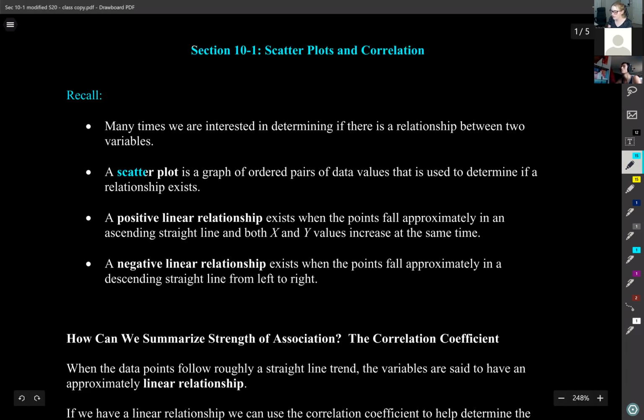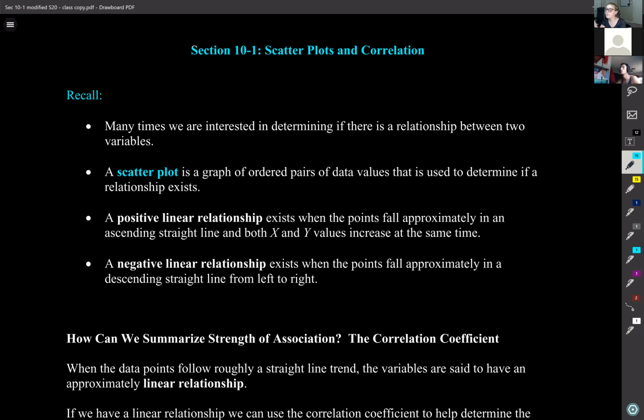A scatter plot is a graph of ordered pairs of data values that's used to determine if a relationship exists. I think I had you do a scatter plot on exam 1, where I gave you a bunch of X values and a bunch of Y values, and you just plotted the pairs. When you plot the pairs of data points, you can tell if any form of a relationship exists.